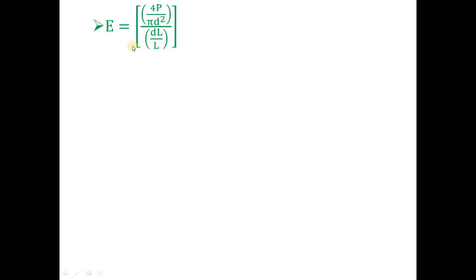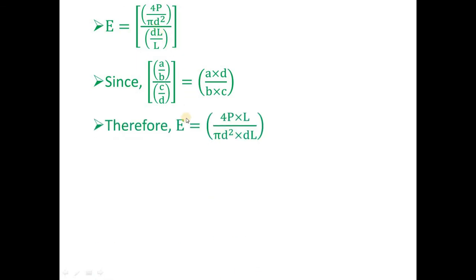Now I am going to apply an algebraic rule on this Young's modulus formula, and the rule is A by B whole divided by C by D is A into D divided by B into C. So in this Young's modulus formula, I will take 4P as A, pi d square as B, dl as C and L as D. According to this algebraic rule, we can rewrite this Young's modulus formula as E is equal to 4P into L divided by pi d square into dl.